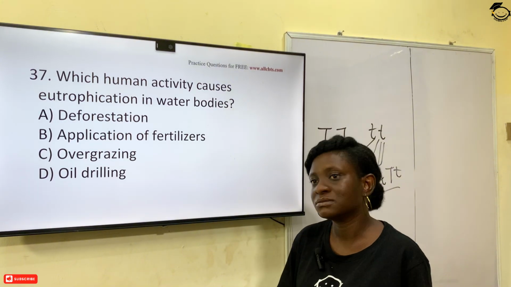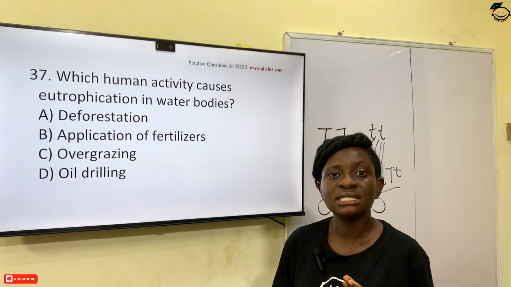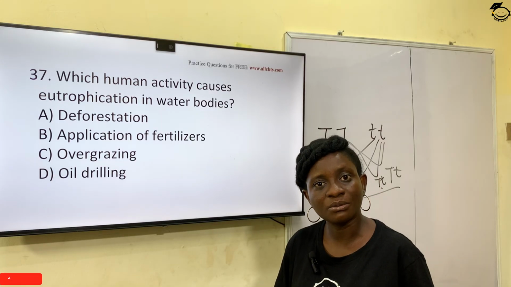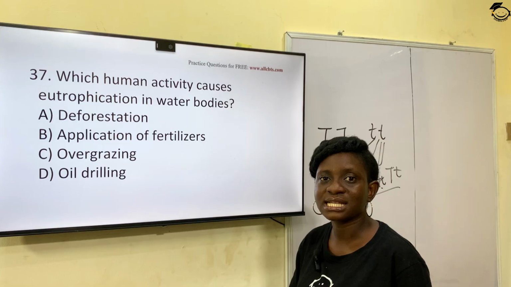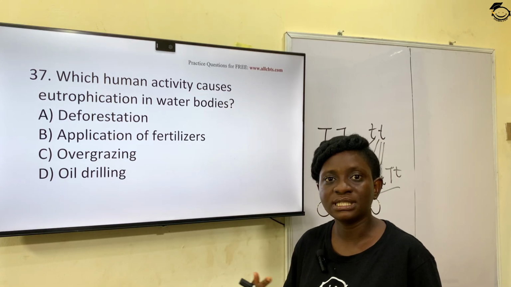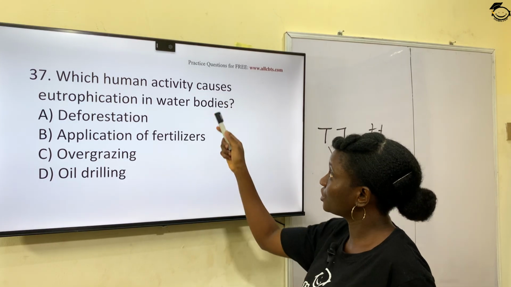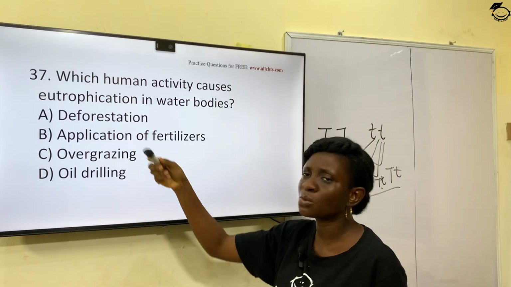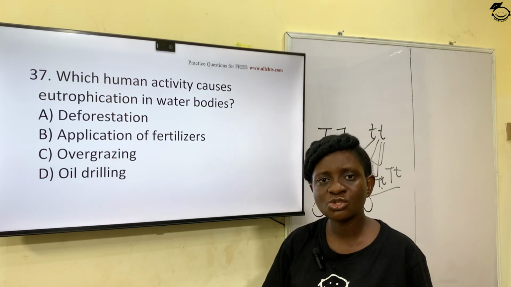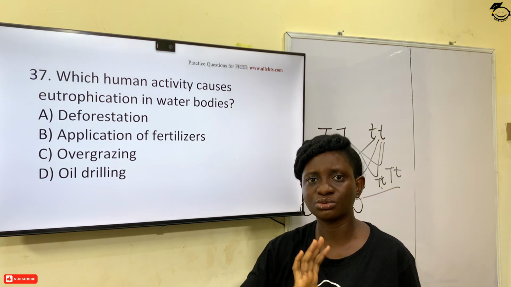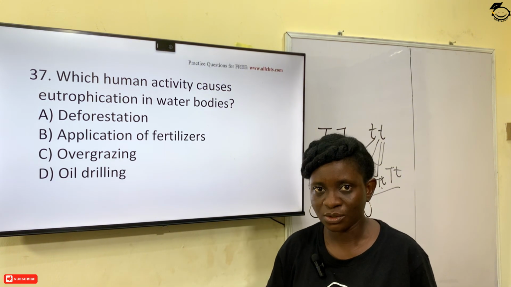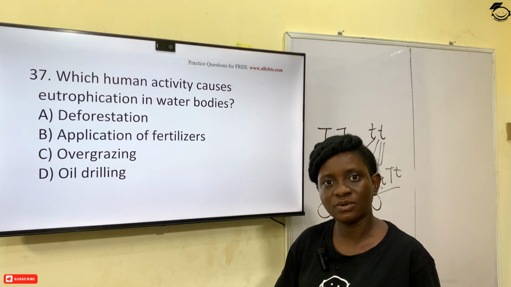If there's low oxygen in the water, the living organisms in the water will not be able to take in oxygen, and it can cause death of the living organisms. So what do humans do that leads to formation of this green algae, leading to low oxygen in water, resulting in death of living organisms?